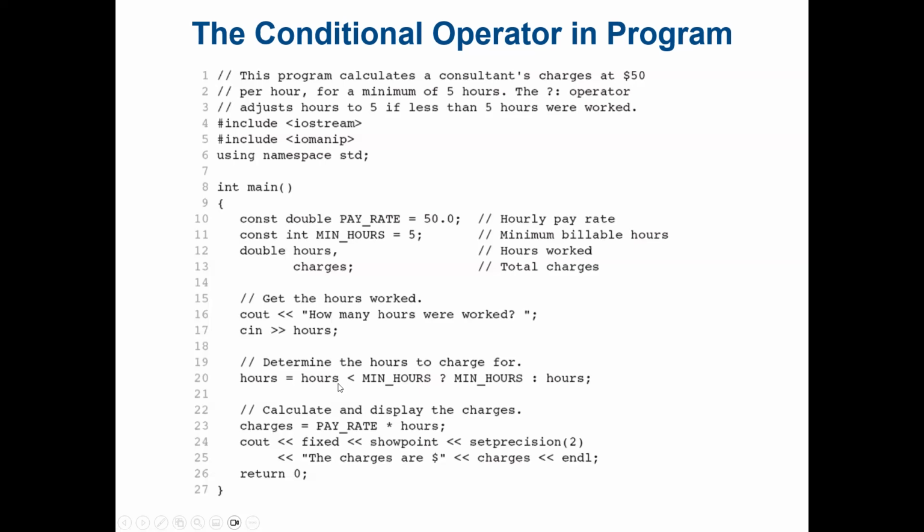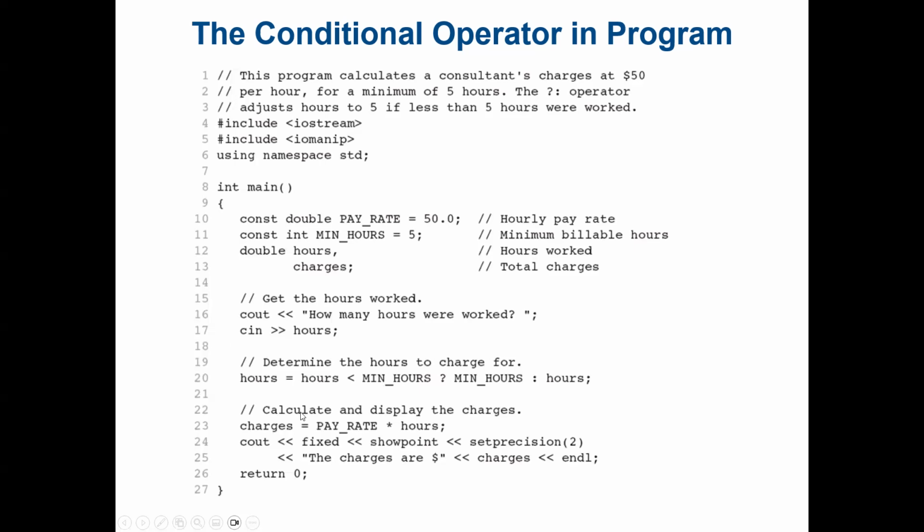Here we could use an if-else statement, but when you use if-else, it's difficult to assign the result, whether the condition is true or false, to a variable. So here you can see we have our ternary operator. Our condition is hours less than mean hours. If it's less than mean hours, then we assign mean hours to the variable. If hours is not less than mean hours, then we assign hours to it.